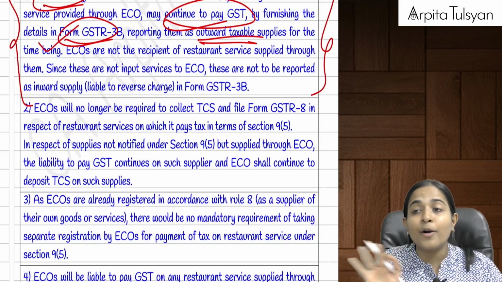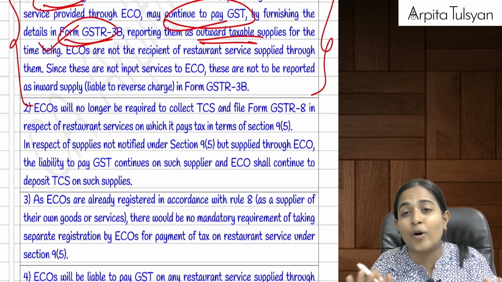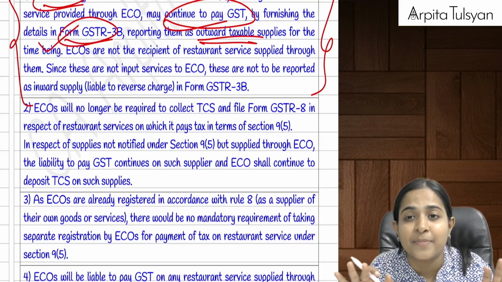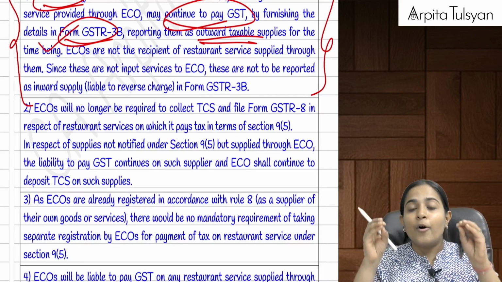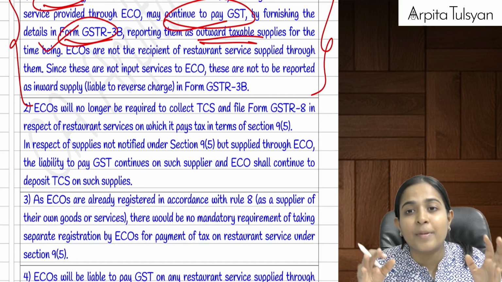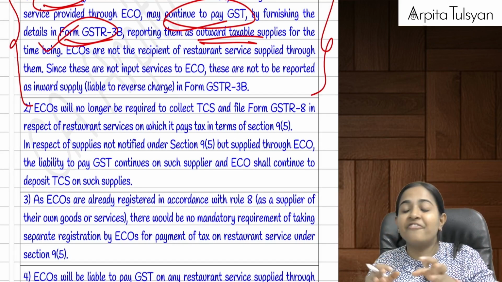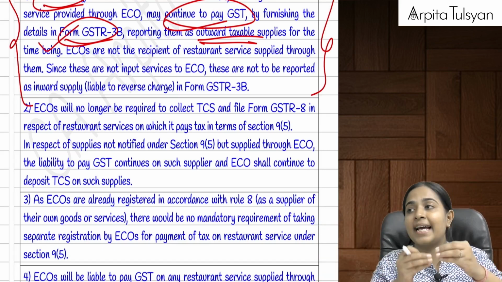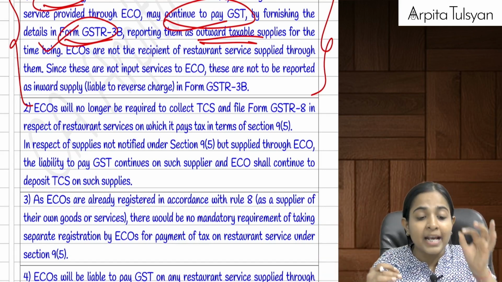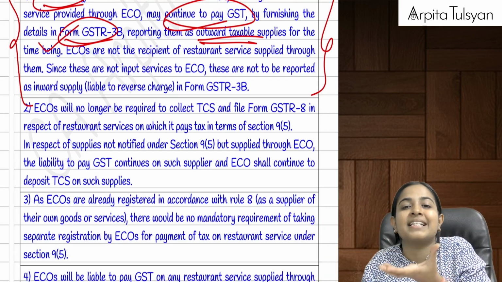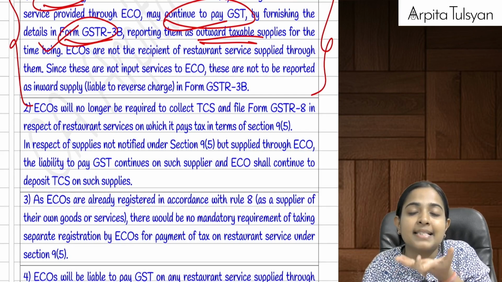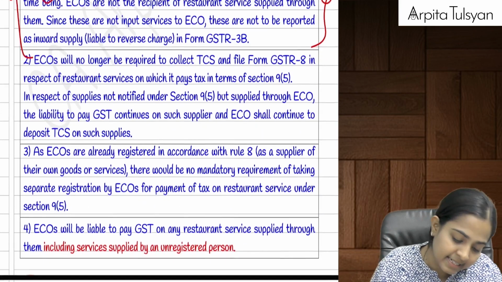It will not be shown as input services. No, it is not. There is no reverse charge mechanism that is getting applicable here. Here there is a concept of e-commerce operator under section number 9.5, where it is required to collect the taxes from the customer and pay it to the government. So the amount on which it has collected the taxes will be shown as outward supply in its form number GSTR 3B.